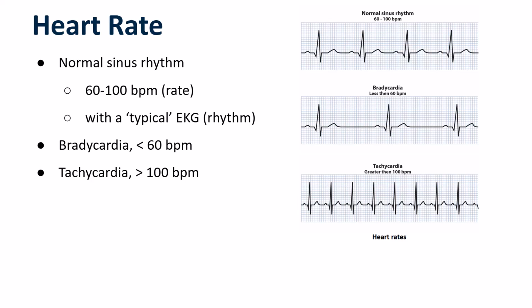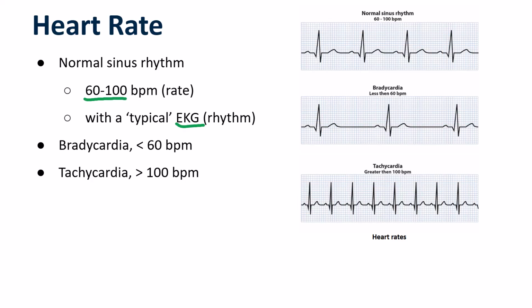Now, heart rate is one of the things that we can measure, and we can keep track of the electrical stimuli or the electrical signals from the heart with something called an electrocardiogram or an EKG. Heart rate is going to correspond to pulse rate, and normal sinus rhythm is a normal or a typical EKG with a heart rate between 60 to 100 beats per minute.